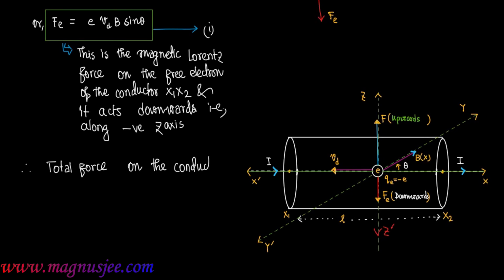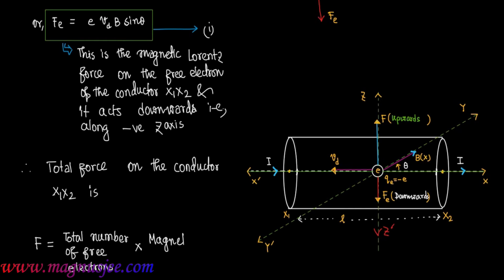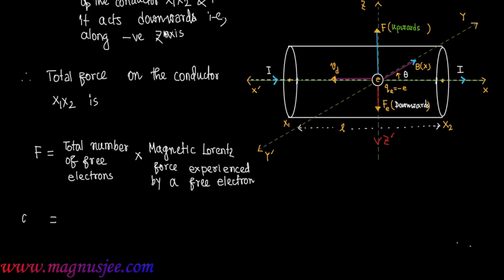Therefore, the total force on the conductor X1 X2 carrying a current I placed in a magnetic field is given by F equal total number of free electrons into the magnetic Lorentz force experienced by a free electron of the conductor, or F equal N Fe, or F equal N E Vd B sine theta.